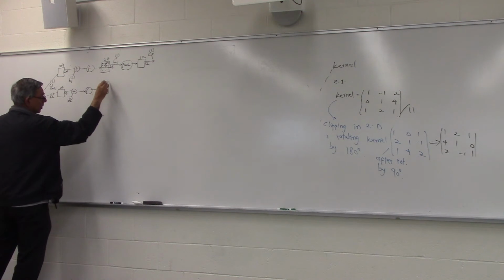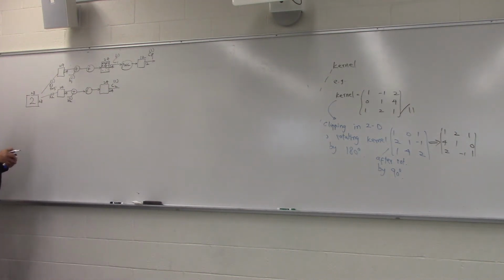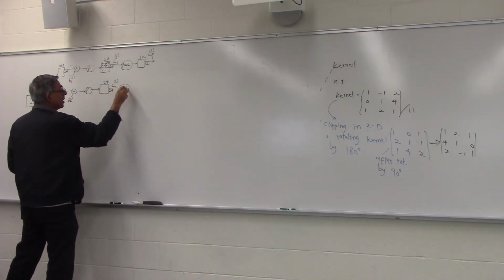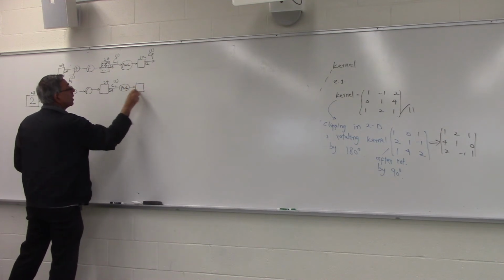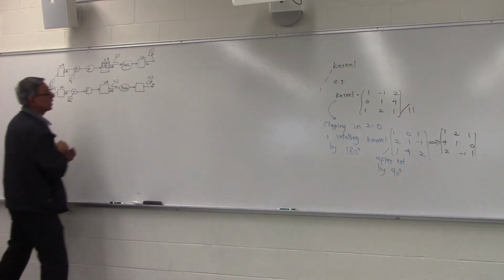We get another 24 by 24. Let's call this C2 of 1, the output of the second convolution after we have passed it through an activation function. Then we'll do a pooling, and let's call this CP2 of 1, the first layer.